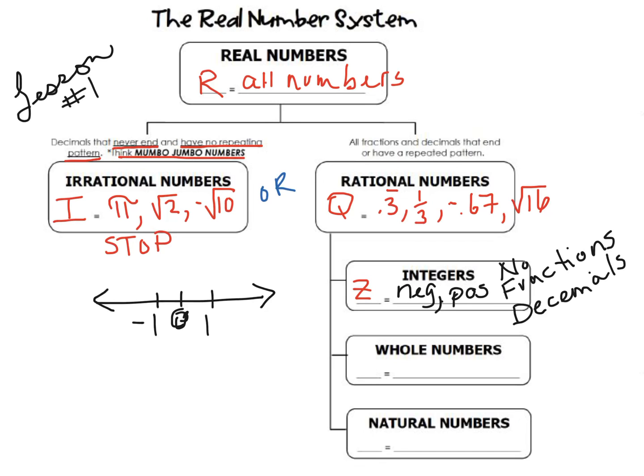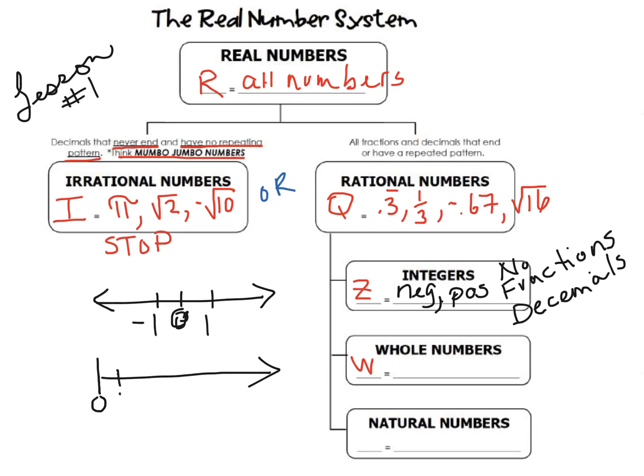Let's talk about whole numbers now. And I'm going to create another number line, and you should be doing the same thing. But the difference here is that my number line is not going to continue in both directions. Whole numbers, they start at the number 0, and they only get larger.